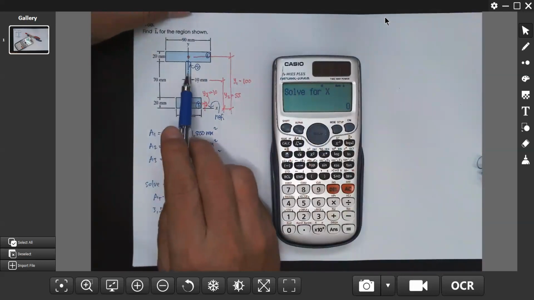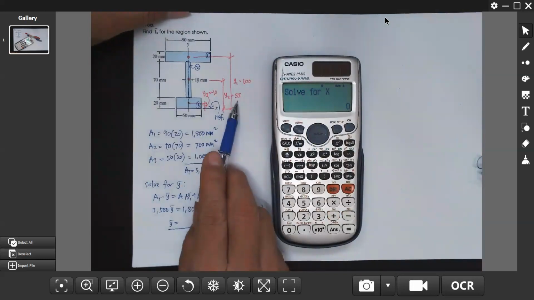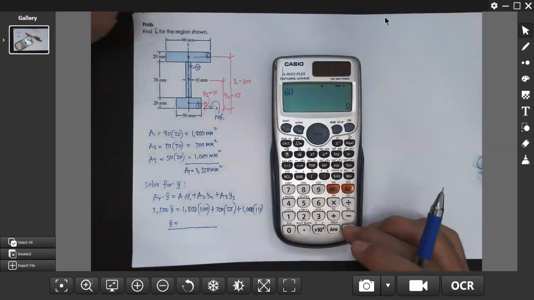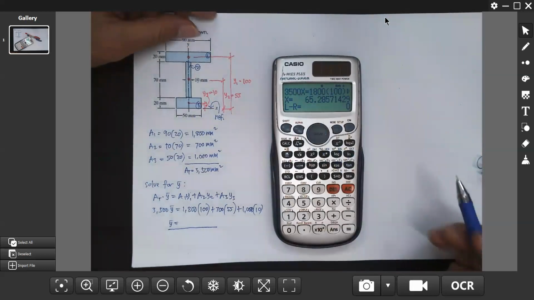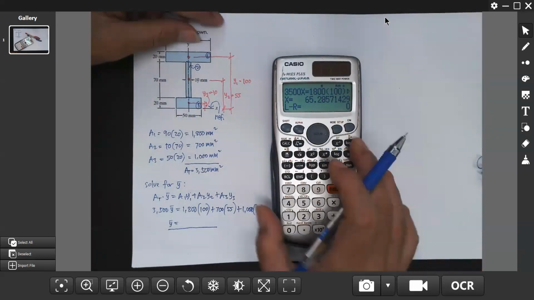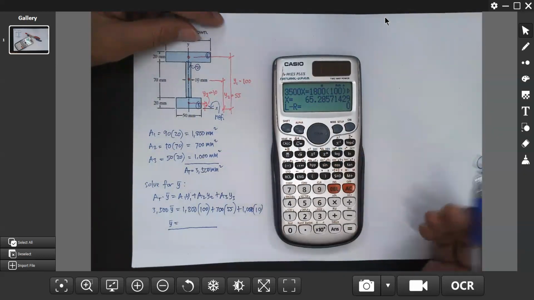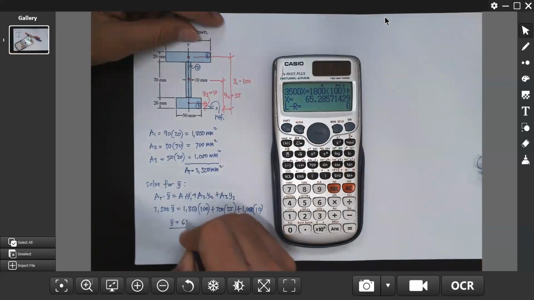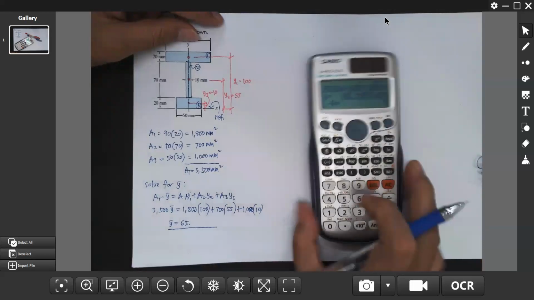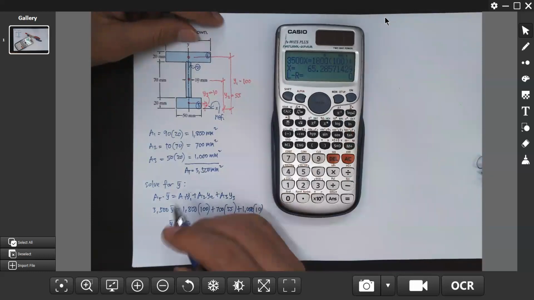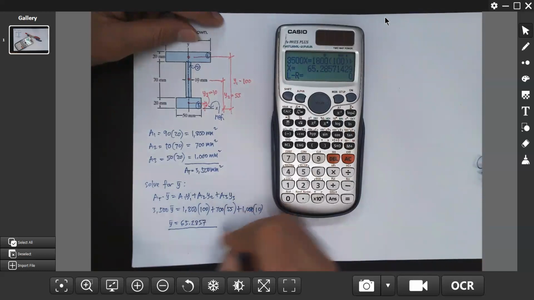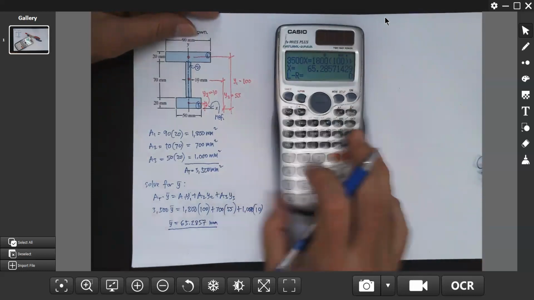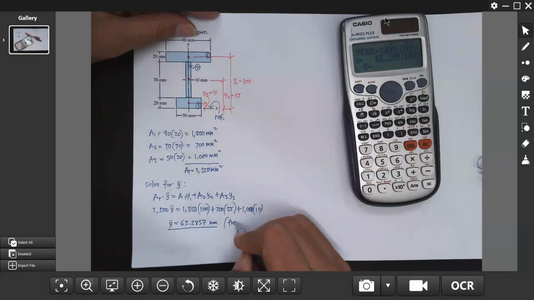Maybe the center is located here, so it's more than 55. We can assume 60, to make it easier to give an answer. So the answer is 65.3, or up to 4 decimal places, 65.2857 millimeters. This is from the bottom.